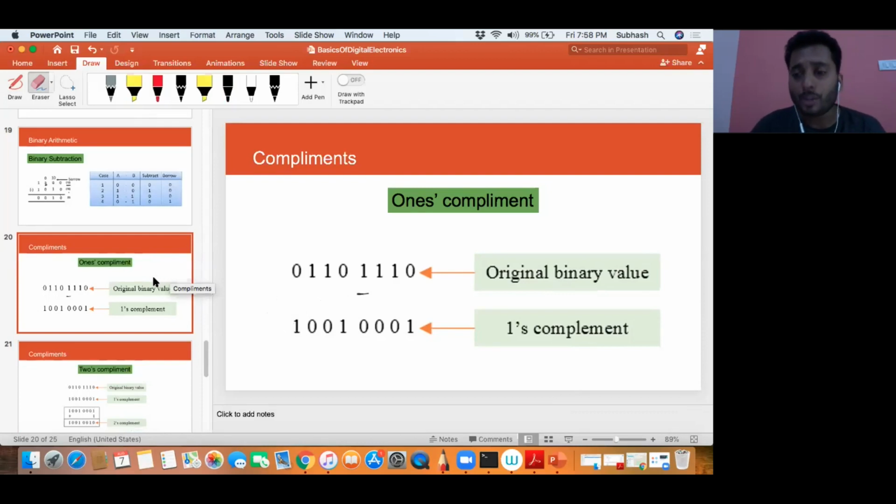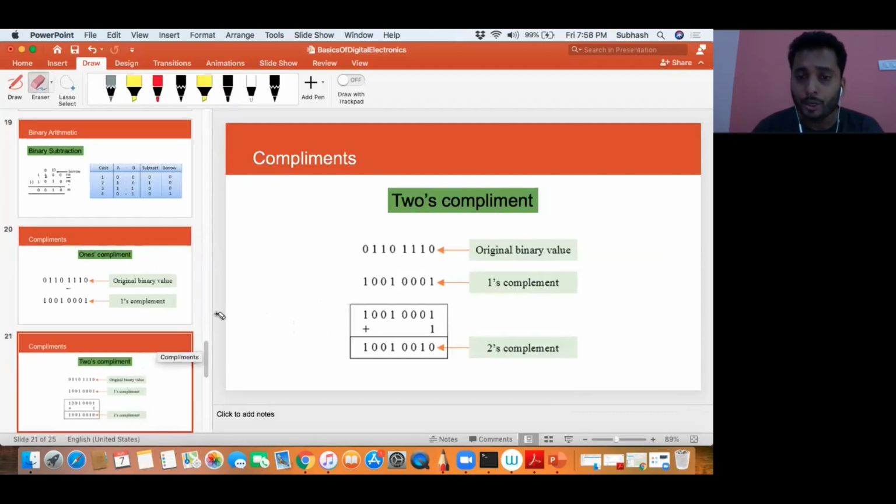Adding 1 to the 1's complement becomes your 2's complement. I repeat, adding 1 to the 1's complement of the original number gives the 2's complement. So you have your original binary value, I first find the 1's complement, which is the reverse of all these bits, and to this number I add a 1.